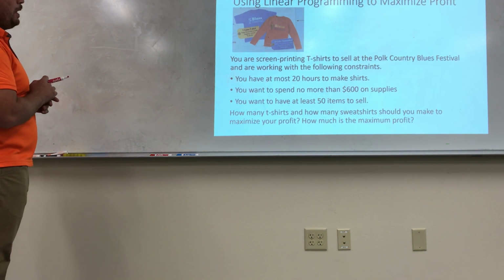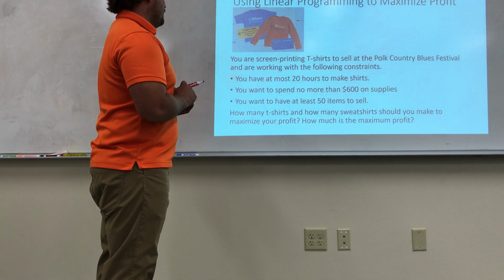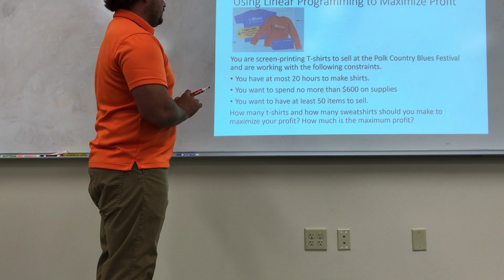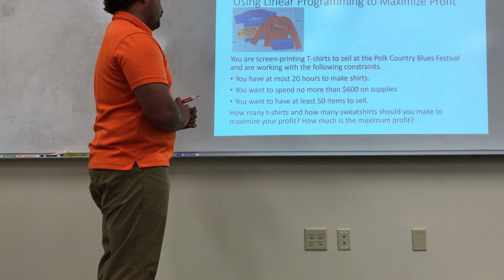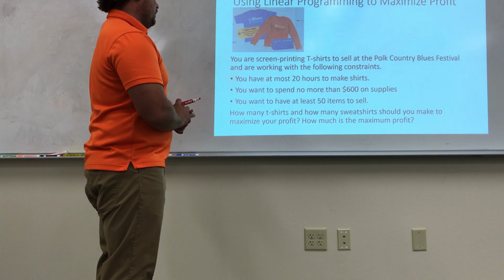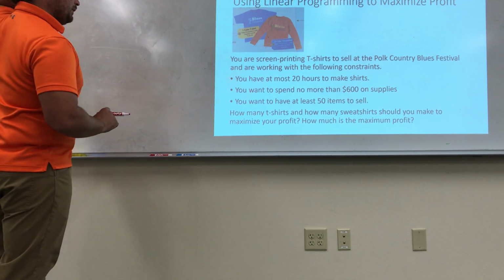shirts and stuff. My picture's a little tough to see here. It takes 10 minutes to make a t-shirt. It takes 30 minutes to make a sweatshirt. If we do this, I would change it all to minutes. So how many minutes are in 20 hours?